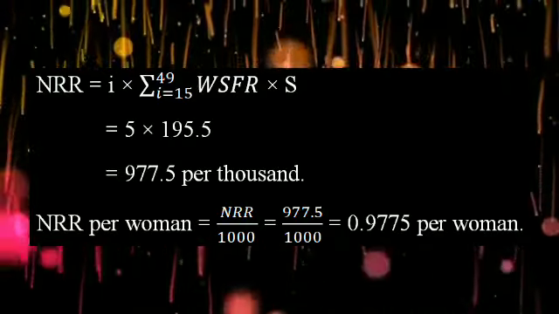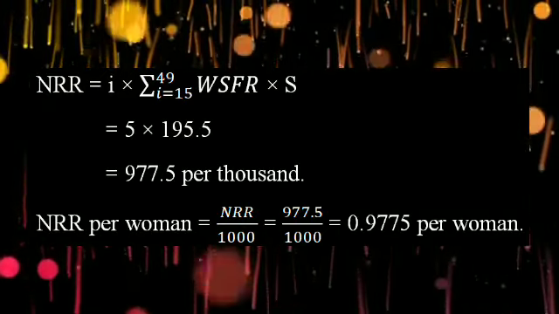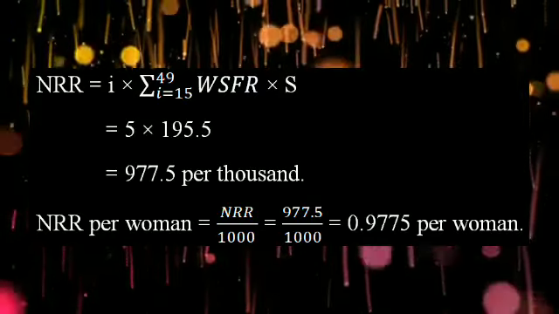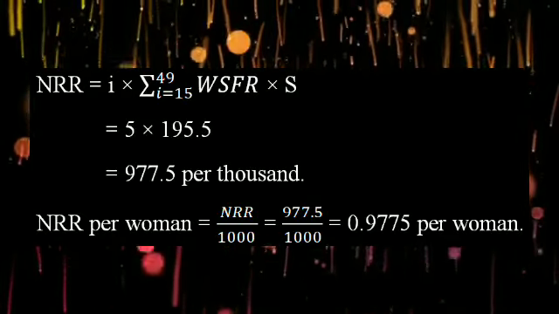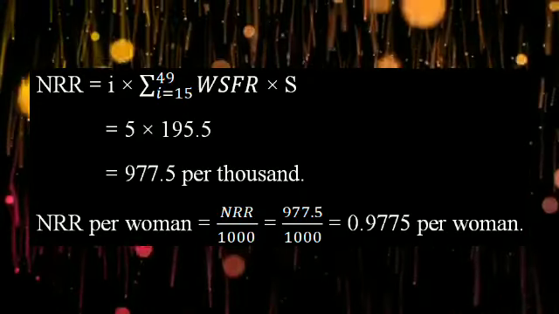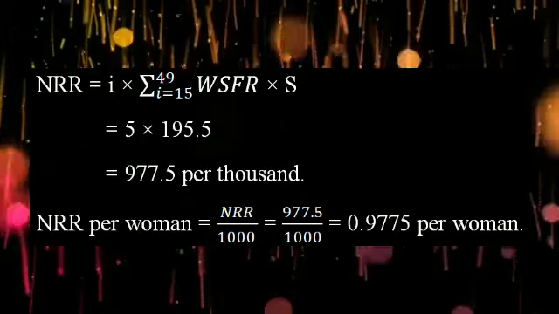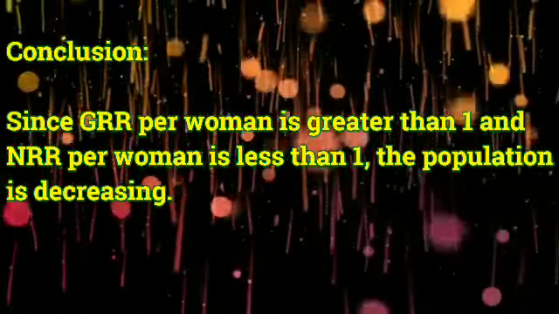After that, compute NRR per woman, which is equal to NRR divided by 1000, that is equal to 977.5 divided by 1000, that is equal to 0.9775. After computing GRR and NRR per woman, compare both the values.